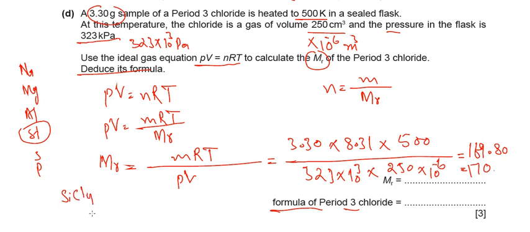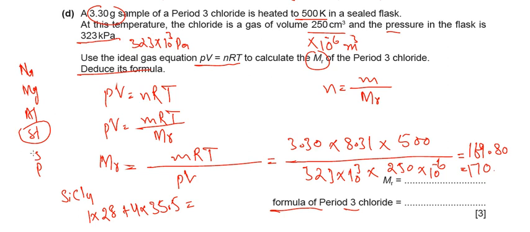So one silicon atom, the atomic mass of silicon is 28, plus 4 times the atomic mass of chlorine, which is 35.5. Let me calculate this. If it is exactly 170, then the period 3 chloride should be silicon tetrachloride.